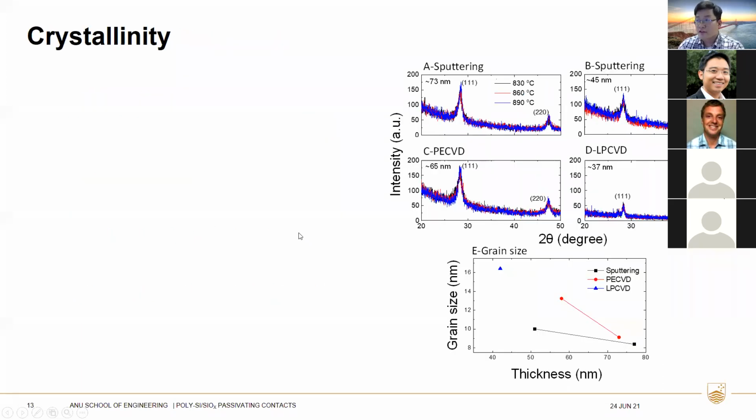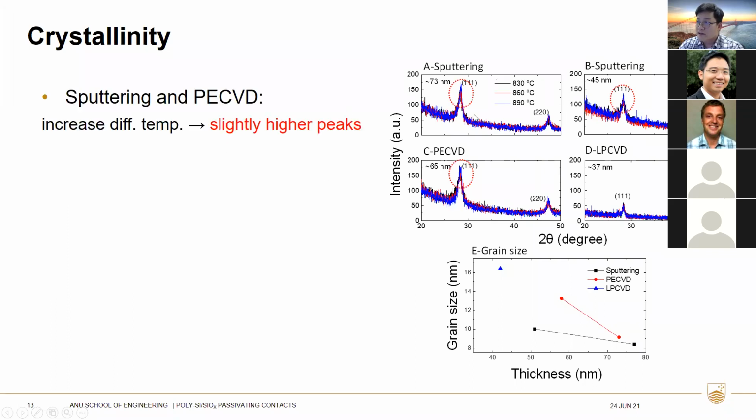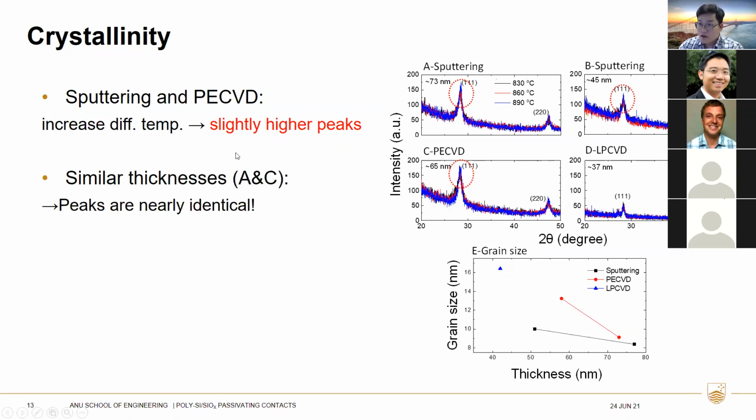Let's compare the crystallinity between the different methods here. For sputtering and PECVD, we can see that increasing the diffusion temperature shows a slight increment in the peak intensities, which indicates some increment in the degree of crystallinity. For similar thicknesses of the PECVD and sputtering films, we see that the peaks are nearly identical, which indicates the two films have a similar degree of crystallinity.